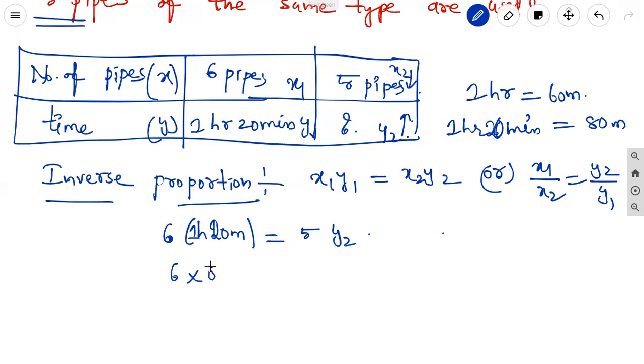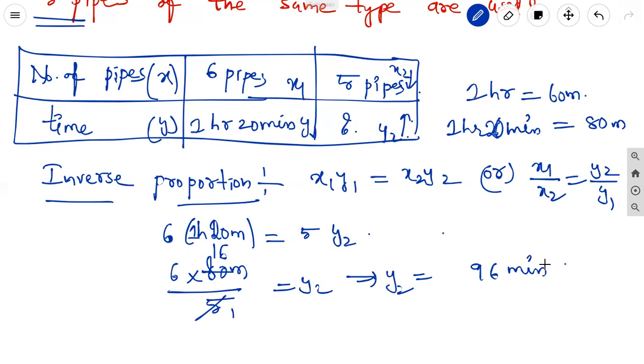6 into 80 by 5 equals y2. 5 sixes are 30, so y2 equals 96 minutes. 96 minutes can be written as 60 plus 36 minutes, and 60 minutes equals 1 hour.